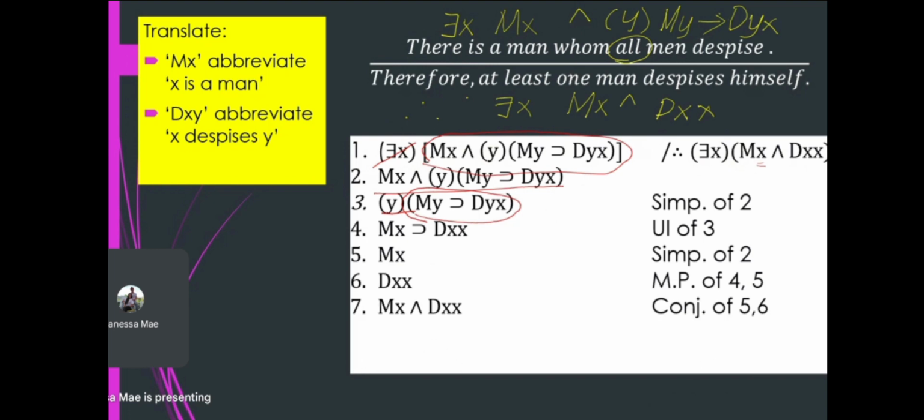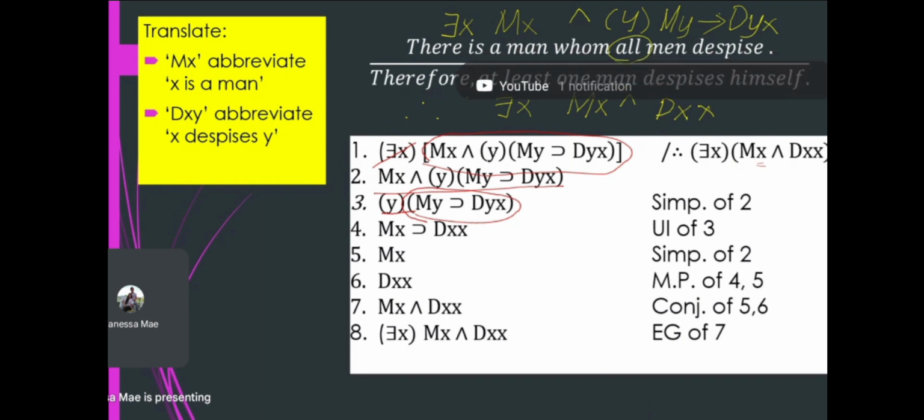Okay, so next is conjunction. Since we have 2, 5 and 6, we can conjoin them, right? So the reason is conjunction of 5 and 6. Okay, and then quantifying. We add the quantifier to get the conclusion of our given argument, using there exists x. So that is existential generalization of 7.